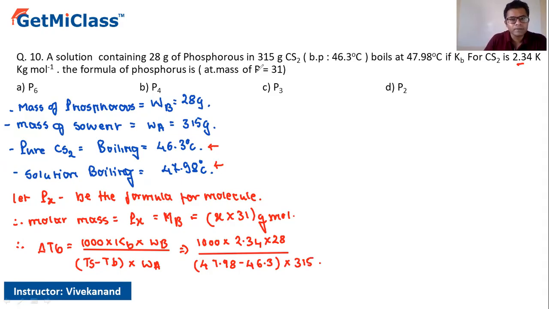Okay, so now let's start with this calculations. So when we calculate it, we would end up having the value of delta Tb, we have already taken it down, and Mb, we have taken it on the top.